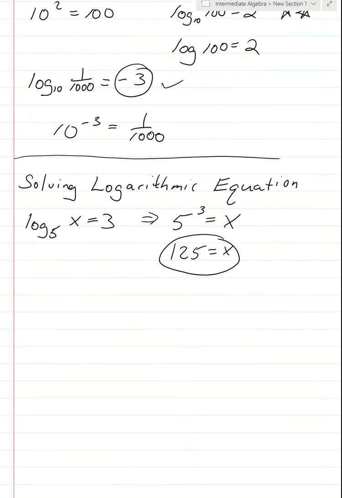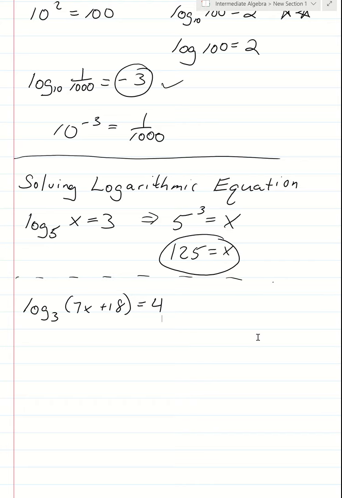Let's say we had the log base 3 of 7x plus 18 equals the number 4. Once again, here we have a logarithmic equation. We want to solve for the variable x that's located here. So once again, we want to convert this to exponential form.